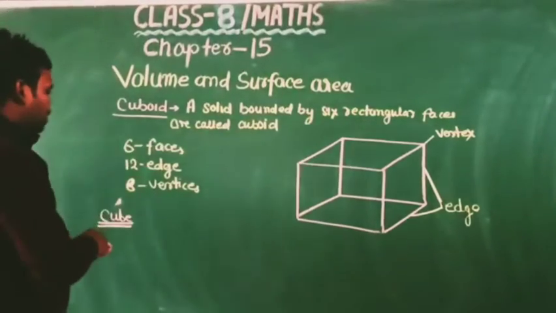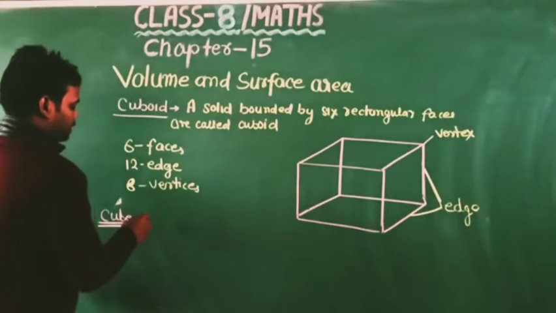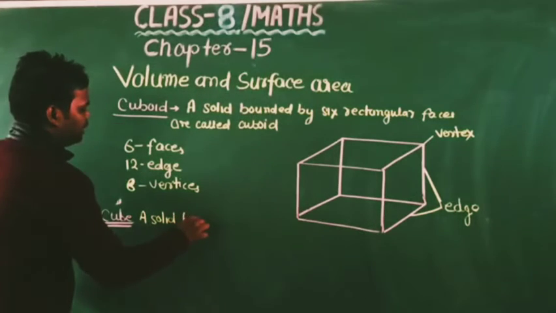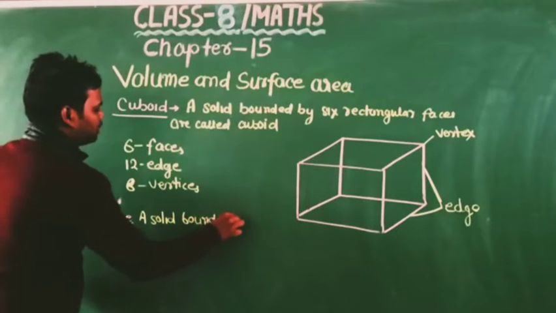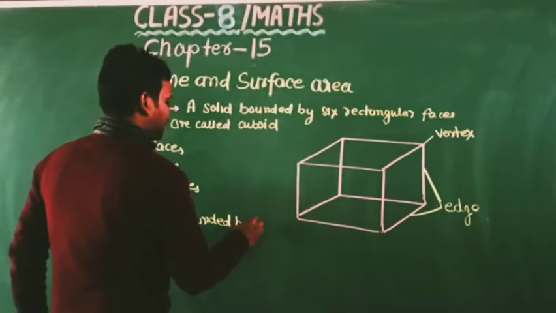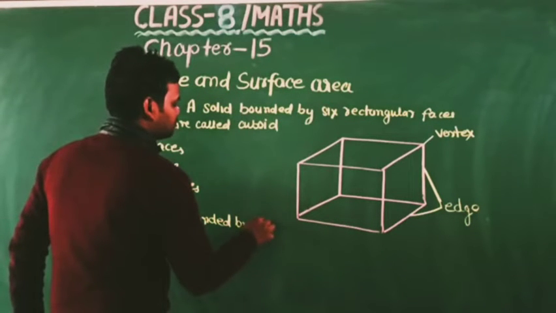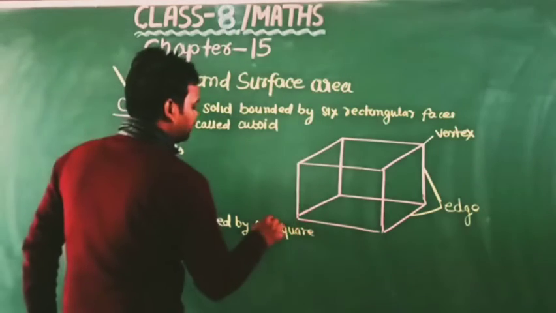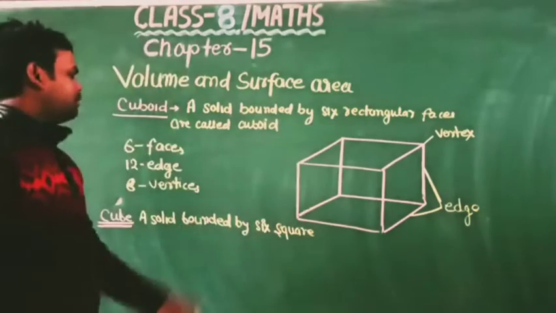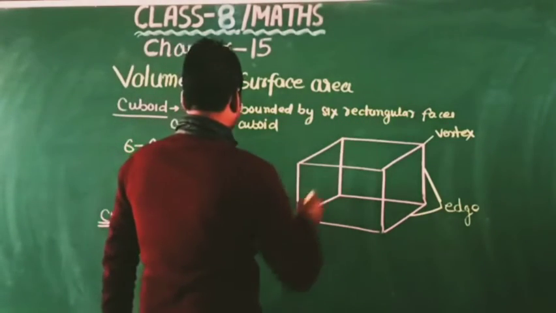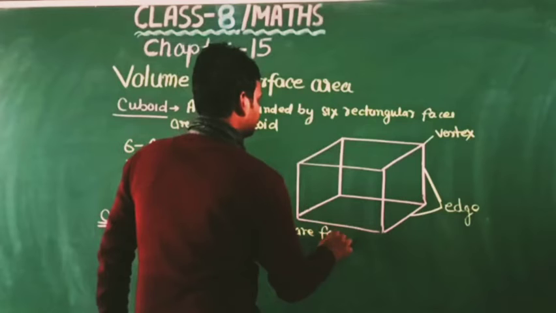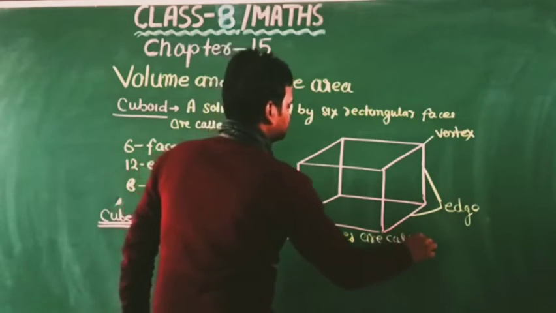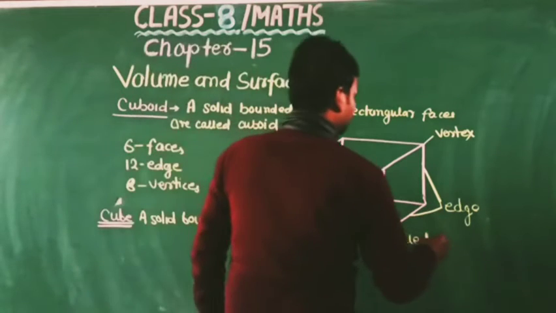Okay, a solid bounded by 6 square faces is called cube.